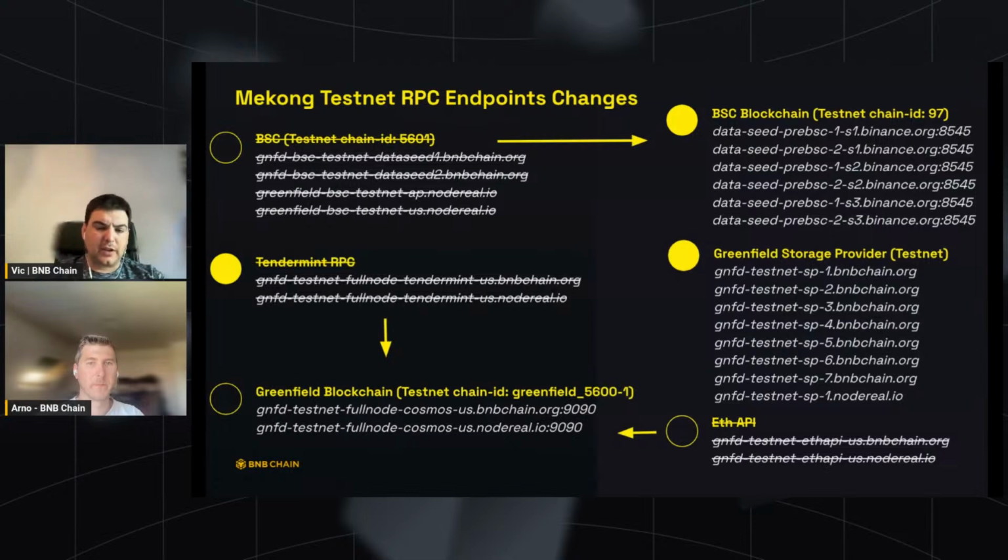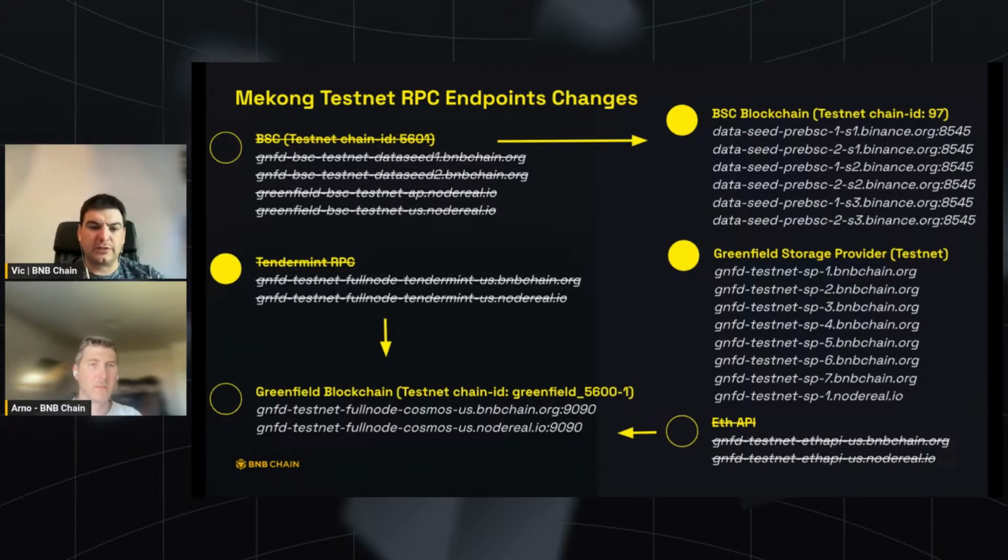So here I crossed out the previous endpoints and the migration with the arrow, so that's what you should be using now. As I said, previously we had a dedicated BSC testnet for Greenfield with 5600.